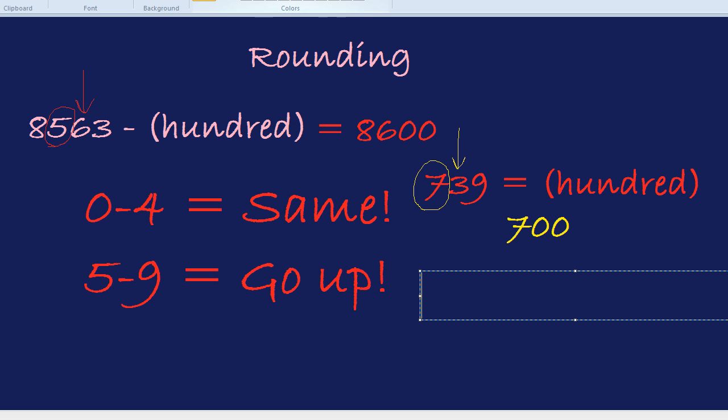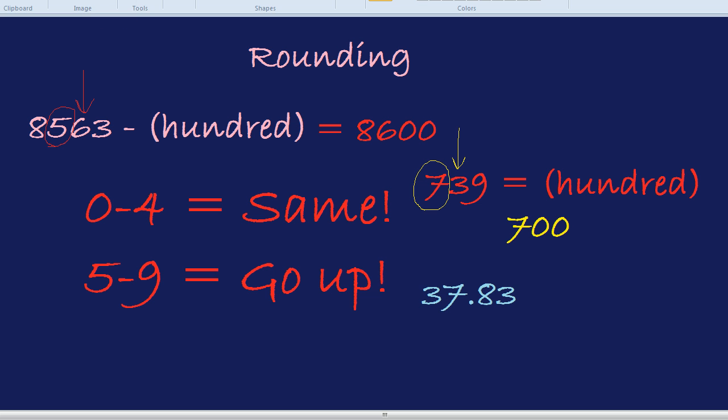Let's try something like, what colour should I do? Turquoise or light blue. Let's try 37.83, and we're going to do it to the nearest whole number. What digit is the whole number?